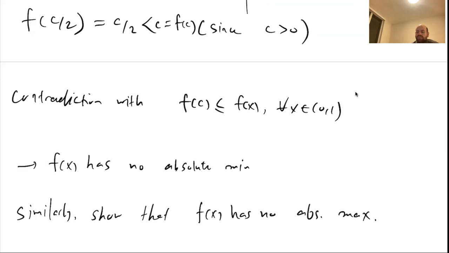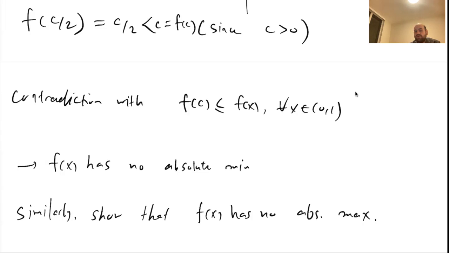Okay, so if the domain is not a closed finite interval, then the function may not have an absolute max and may not have an absolute min. Of course, it may have an absolute max and it may have an absolute min as well. So you can think about an example of a function where the domain is not closed finite.